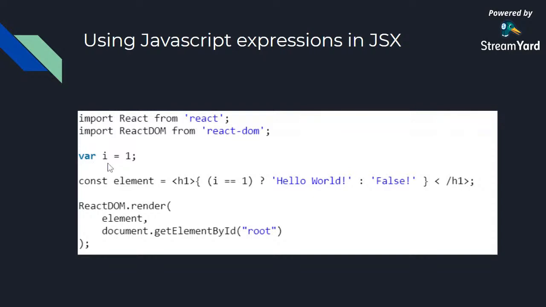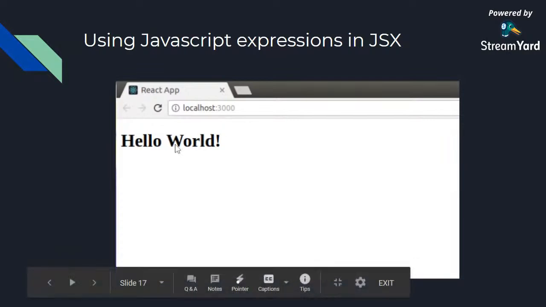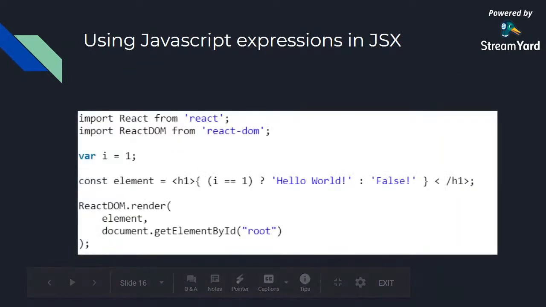According to this snippet, the value of i is 1, so hello world should be shown, and this will be the output of the program. As you can see, we use a JavaScript conditional statement in the HTML with the help of JSX. Isn't that cool, guys?